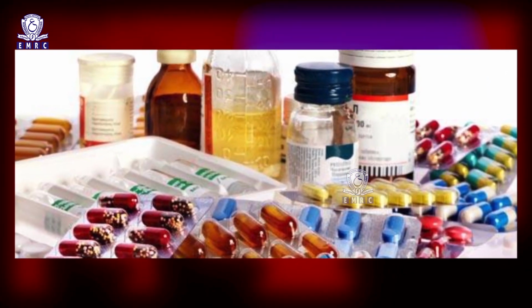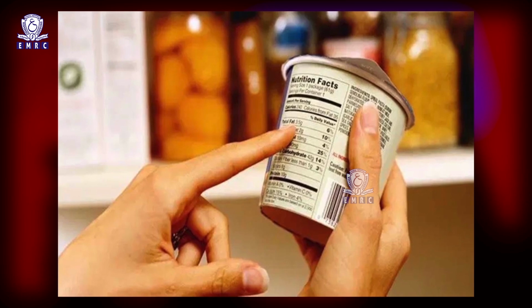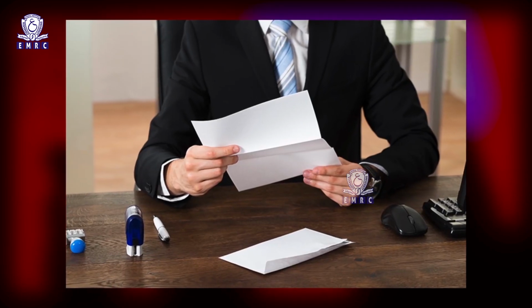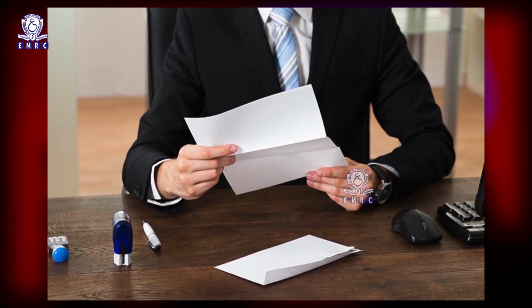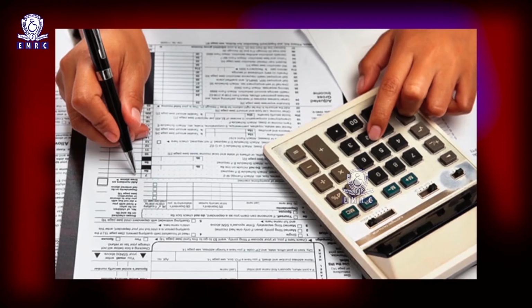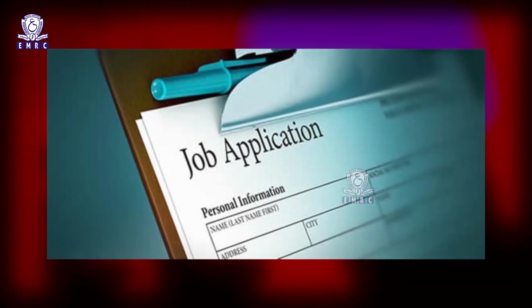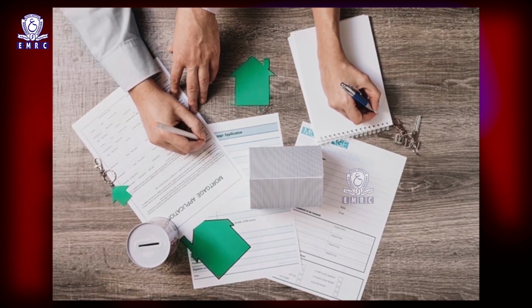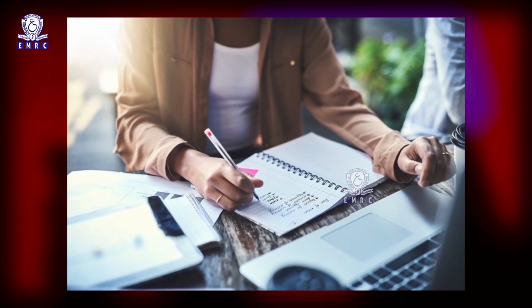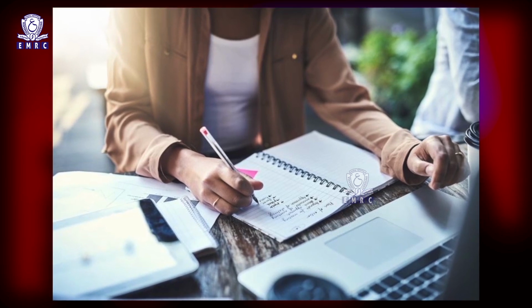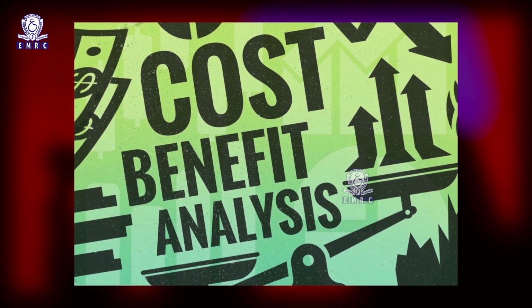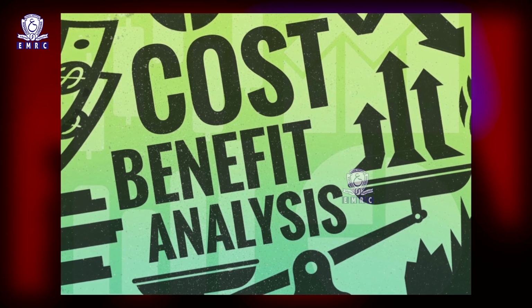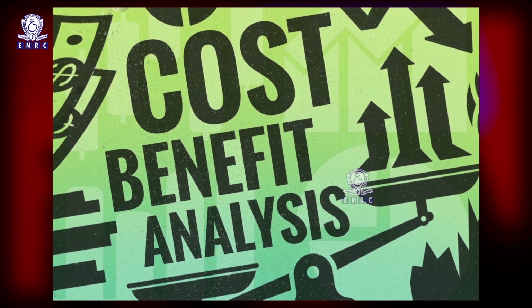Such tasks may include reading a medicine bill, reading a nutritional label on a food product, reading and responding to correspondence in the workplace, reading a bank statement, balancing a checkbook, filling out a job application, filling out a home loan application, comparing the cost of 2 items to work out which one offers the best value, etc.